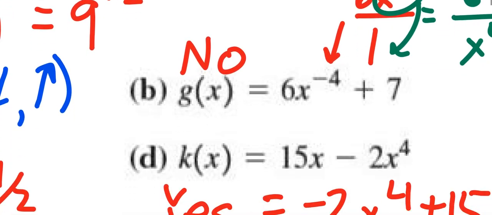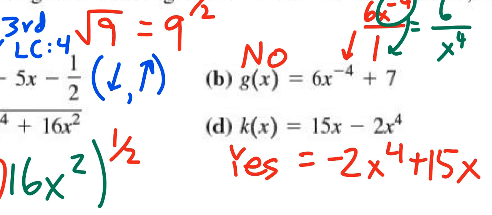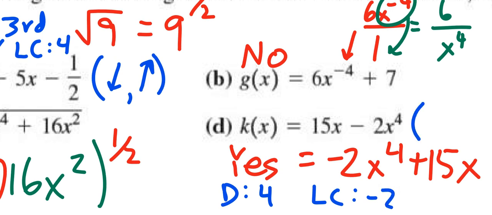Okay, let's look at D. And then, yes, I can zoom out. What's the degree? That's a 4th degree, right? What's the leading coefficient? -2. Okay, now let's talk end behavior.